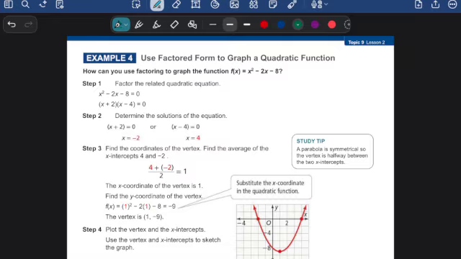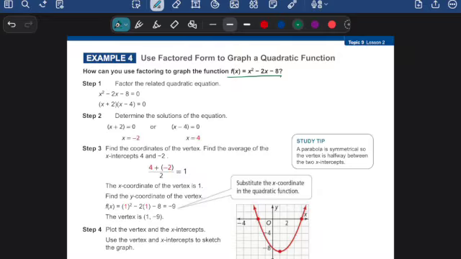Example 4, using factored form to graph a quadratic function. Okay. So remember, once we factor, we have two binomials set equal to 0. So here's our function, x squared minus 2x minus 8. Since it's written as a function, that cues our brain to be thinking about what does the graph look like.